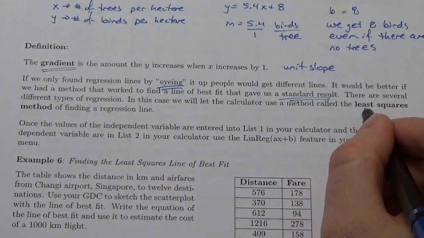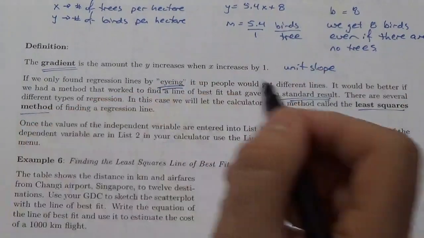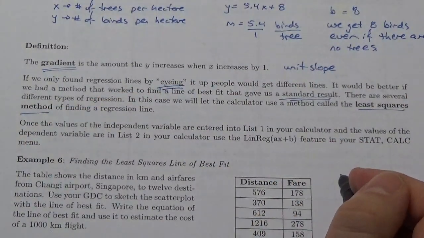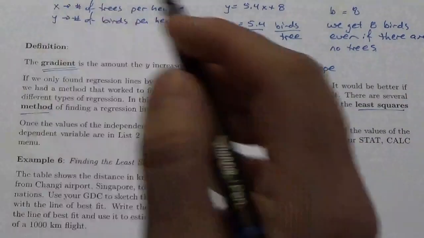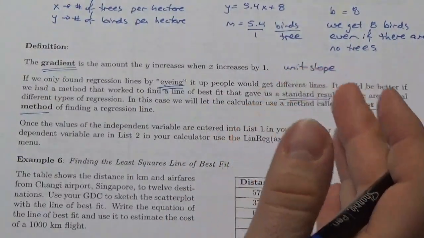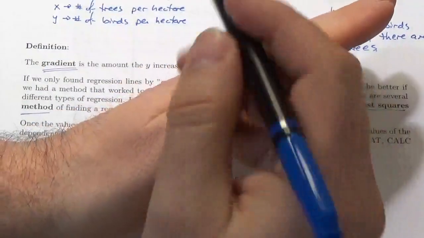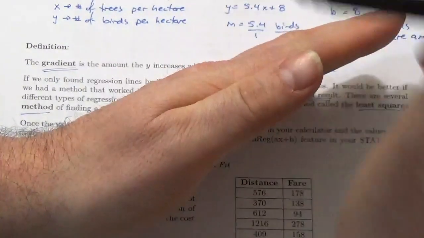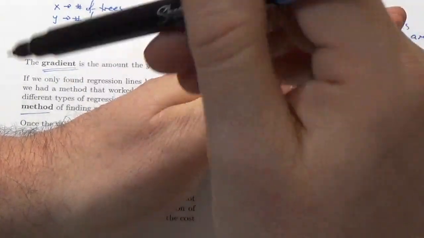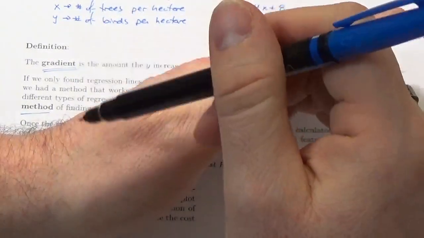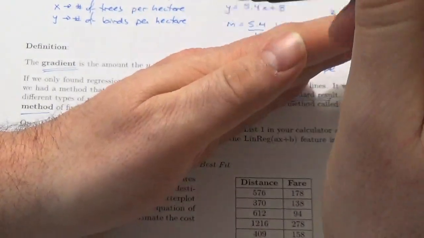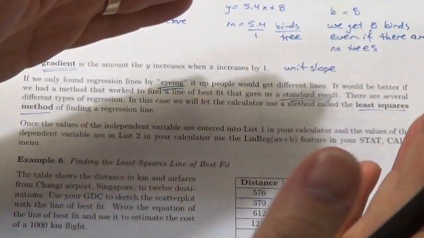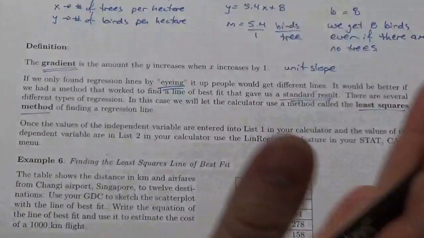One of the ones that we're going to look at is called the least squares method of finding a regression line. What that does is it picks the line through the data, with your data points scattered on either side, and it measures the distance that each data point is above or below the line and minimizes the sum of those.